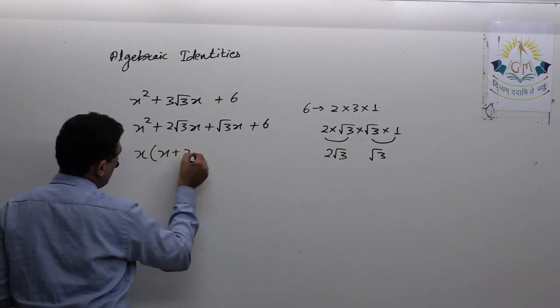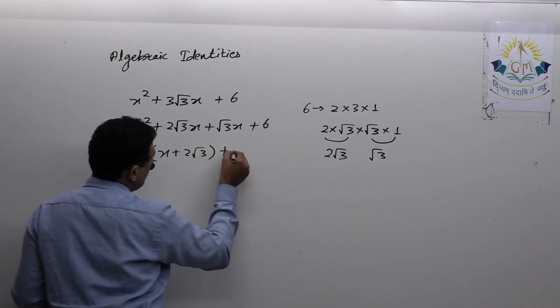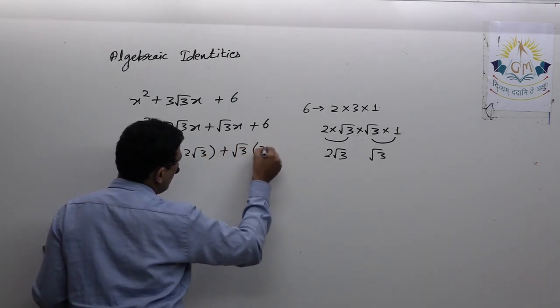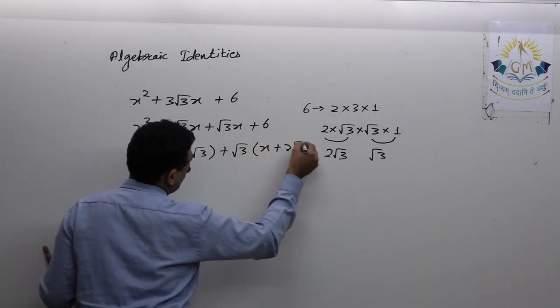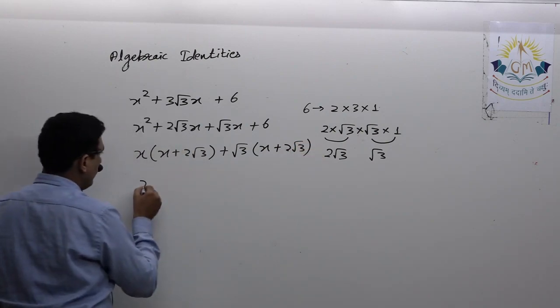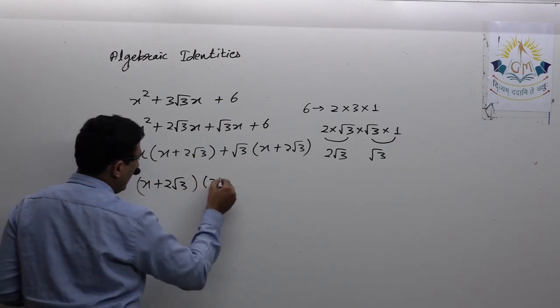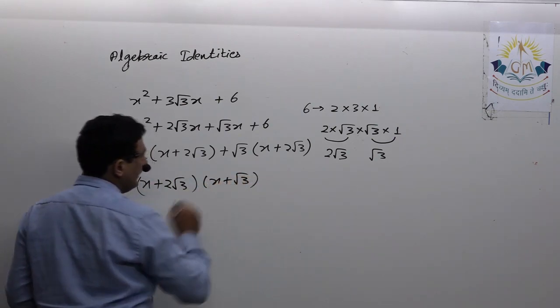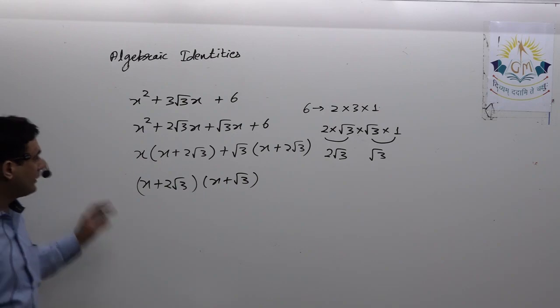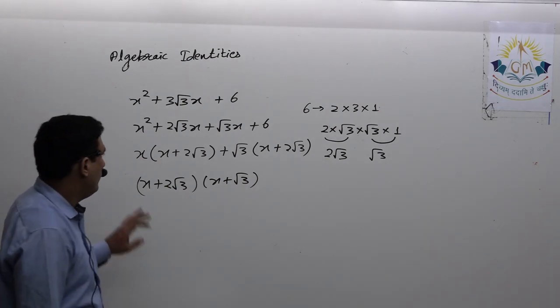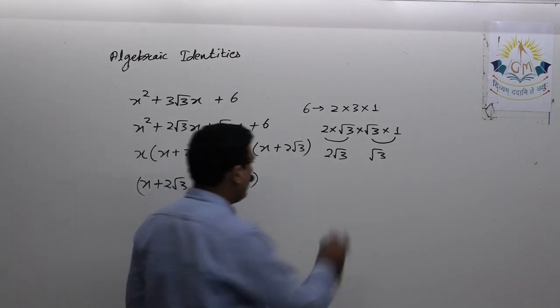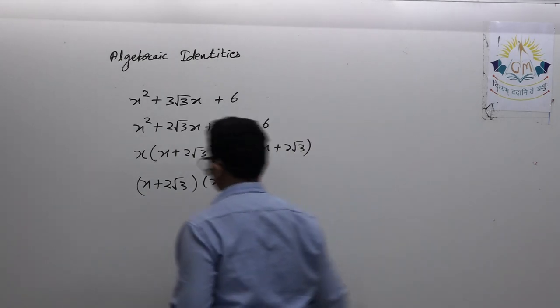So x plus 2 root 3. From these two, I can take root 3 common. So x plus 2 root 3. So here I have x plus 2 root 3 and over here x plus root 3. So these are the factors of the given expression. So note it down, then we'll see the next question.